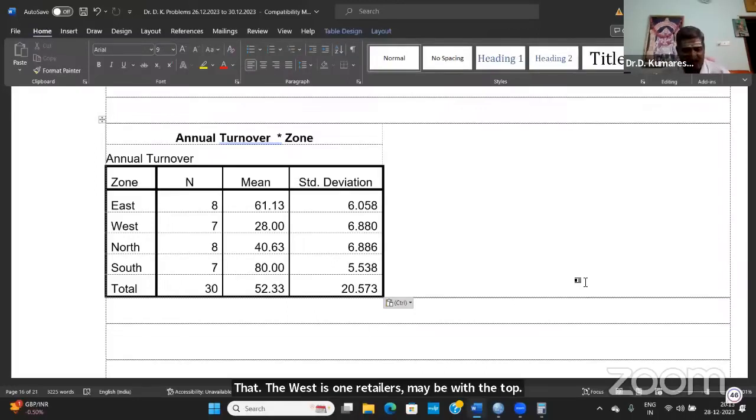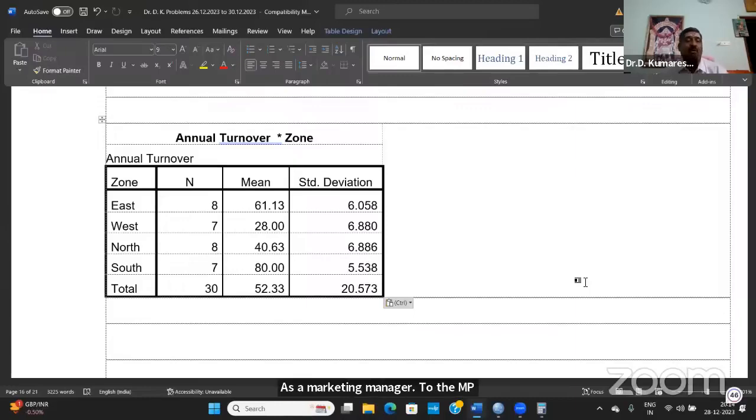They may be closed. What to do? Cost cutting, no. They are spending more and turnover is not up to the level. So let us close the retail shops there. Why should we continue? Is it not? So this kind of suggestions could be offered as a researcher, as a marketing manager to the MD.